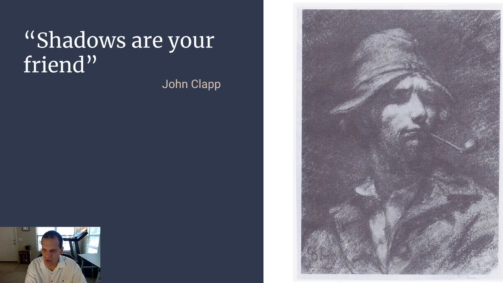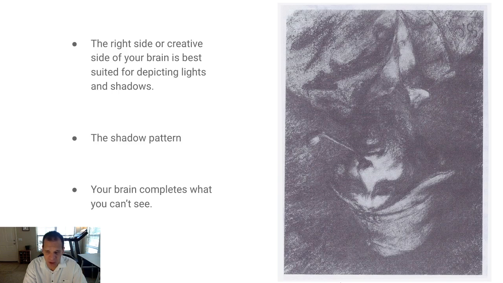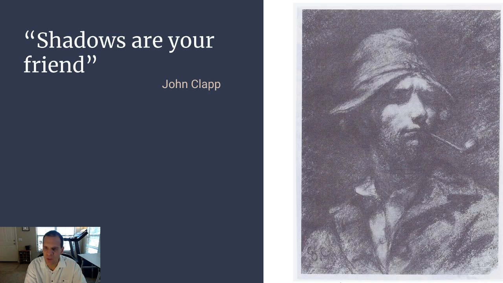If we look at this drawing upside down, we'll notice there's what's called a shadow pattern in this drawing, and that shadow pattern helps us describe the form, but when we turn it upside down, we see more of that pattern. But when we see it right side up, we see the three-dimensional form, and we can see what it is.